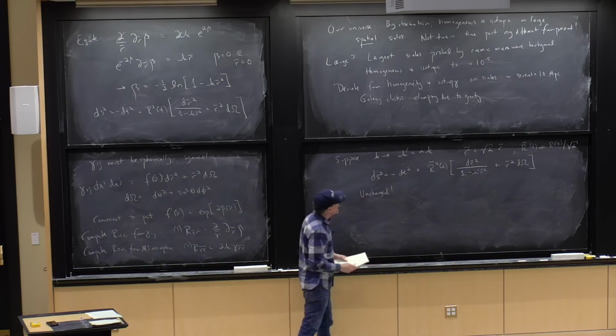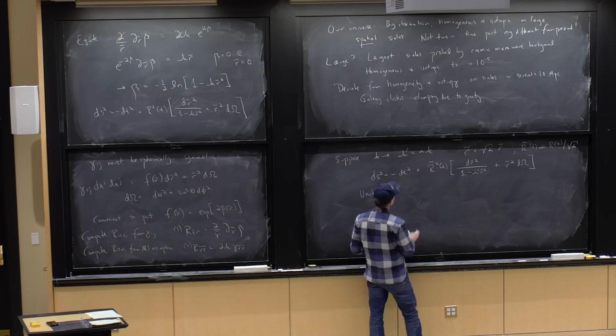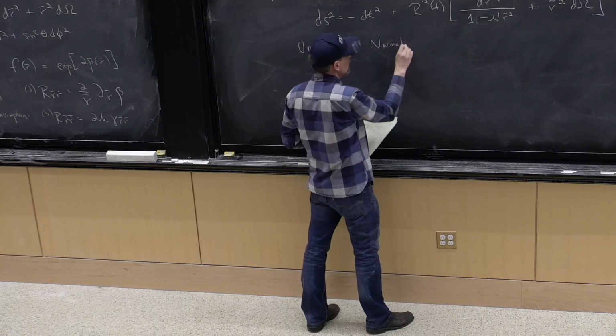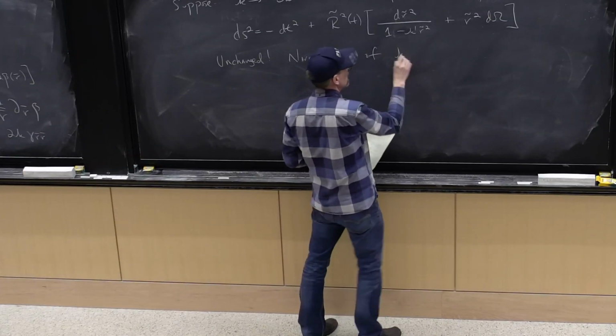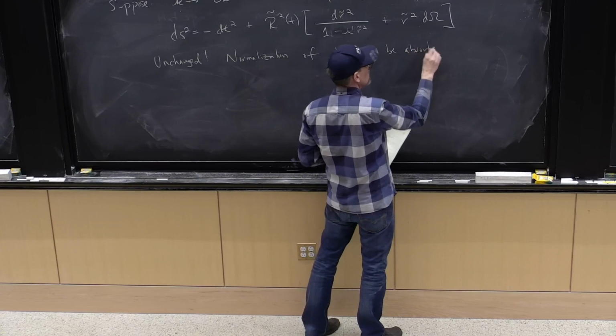So what this tells me is, by the way, alpha has to be a positive number so that the square roots make sense there. It tells me that the normalization associated with K can be absorbed into my scale factor.